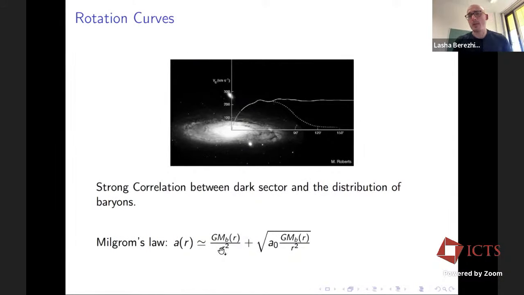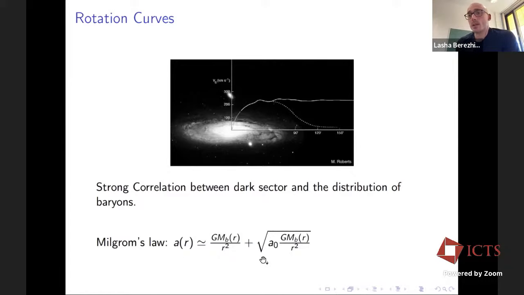Of course, now I'm giving the simplified version. It's not all roses for this type of empirical relation. People have been considering different interpolating functions between the two regimes. But okay, the bottom line, given all the uncertainty in the data, etc., I believe the general effect is that at high enough accelerations, the acceleration driven by the dark sector seems to be just the one given by baryonic acceleration, so acceleration driven by baryons only gravitationally.